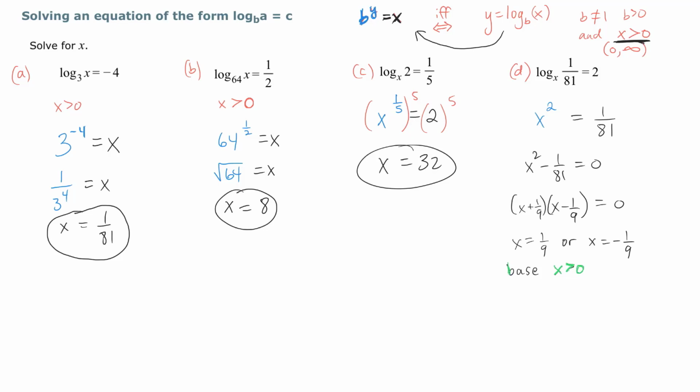And notice I'm talking about the base x. So I'm really talking about this. The base b has to be greater than 0. If you're looking at the top upper right-hand corner of the screen, the base has to be greater than 0 as well. So here our base was called x. It's still the base.